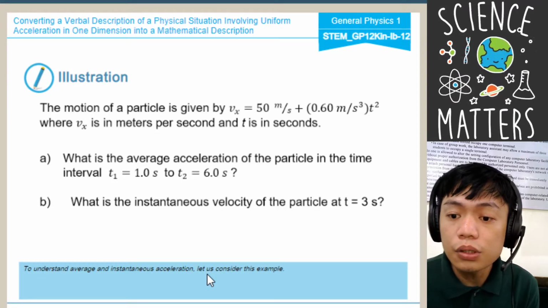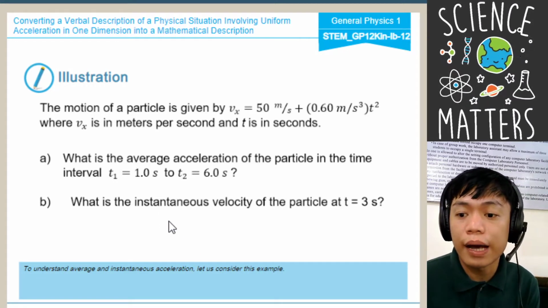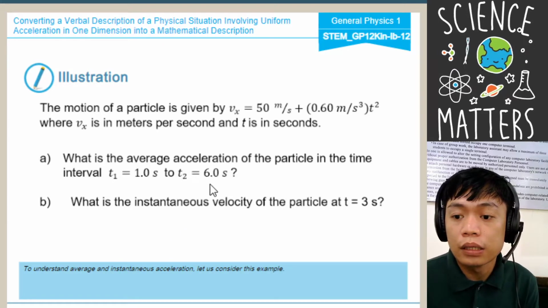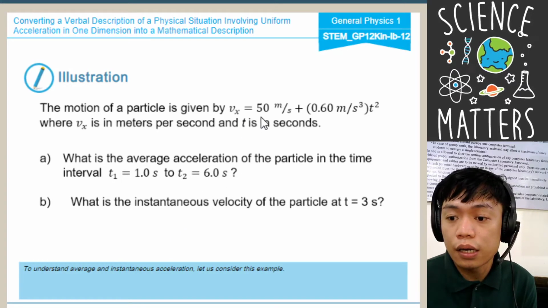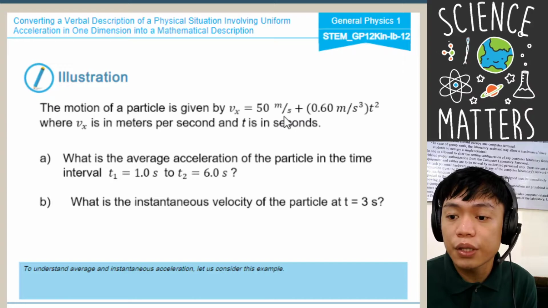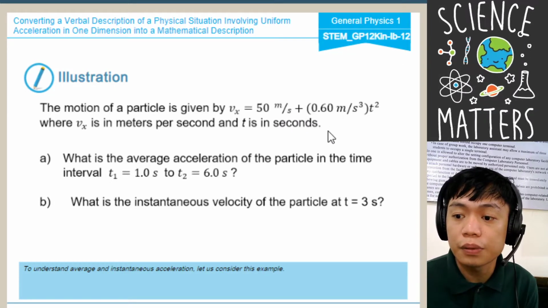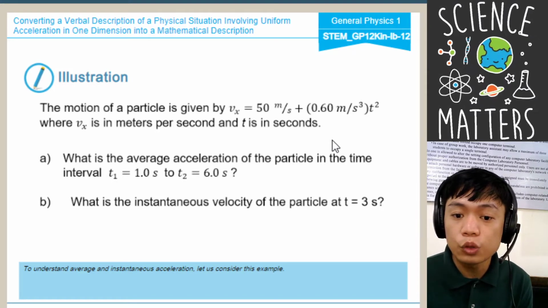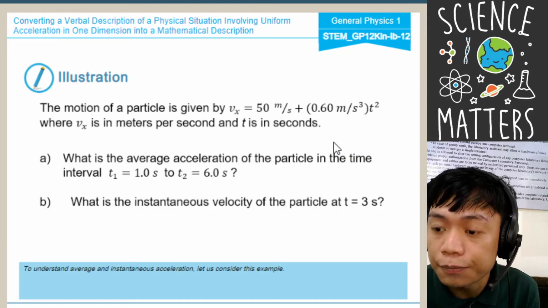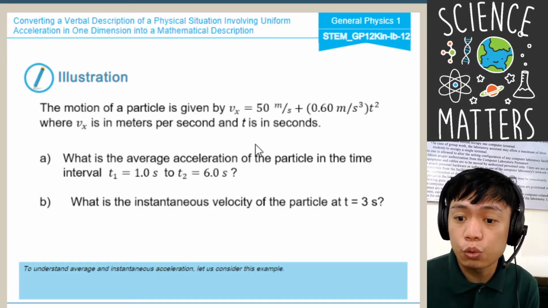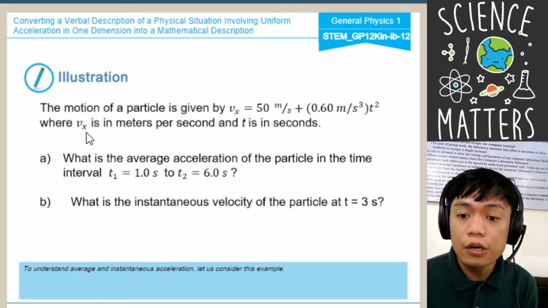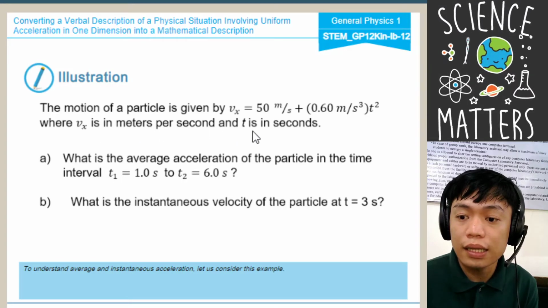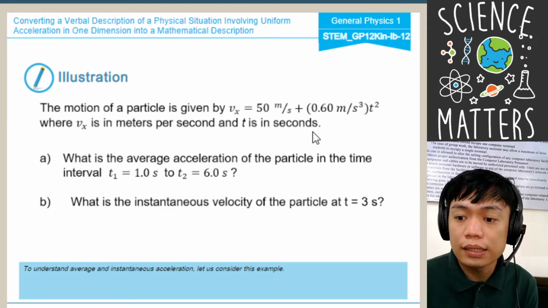The motion of the particle is given by the velocity, which is equal to 50 meter per second plus 0.60 meter per cubic second multiplied by time squared, where velocity is in meter per second and t is in seconds.